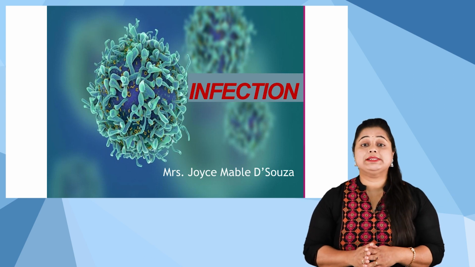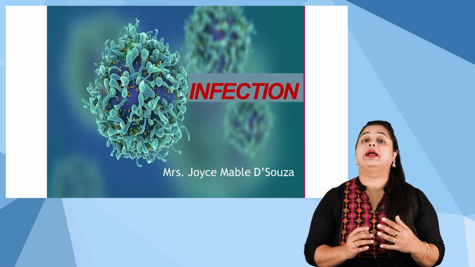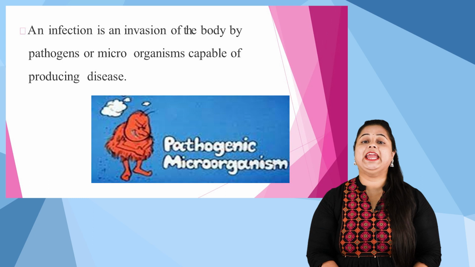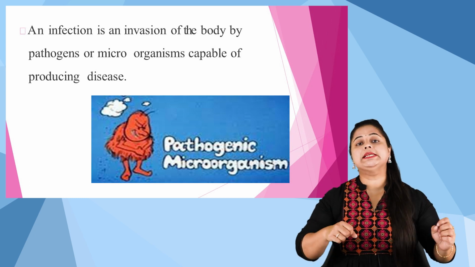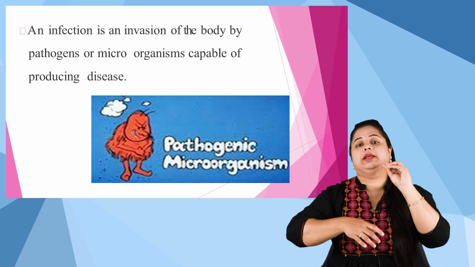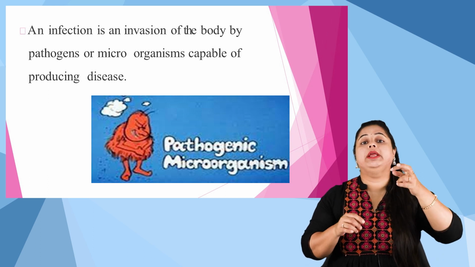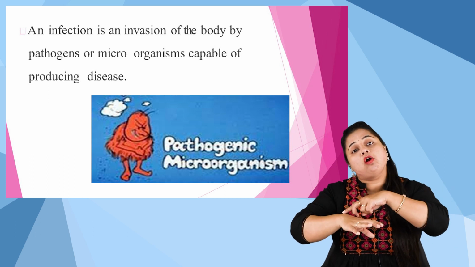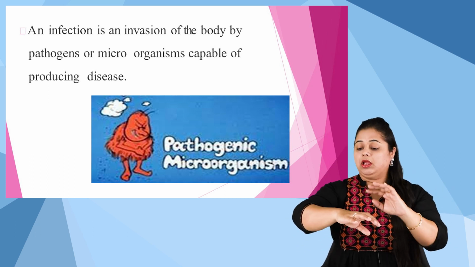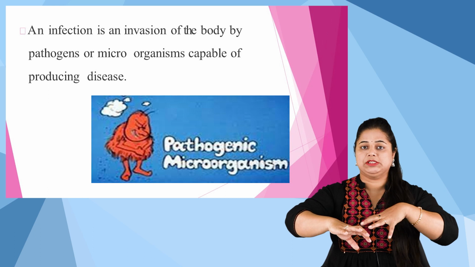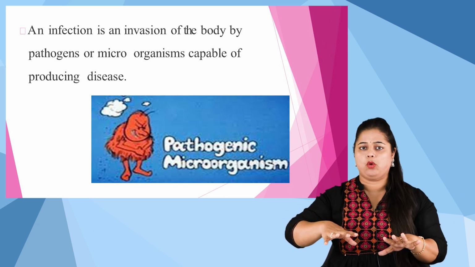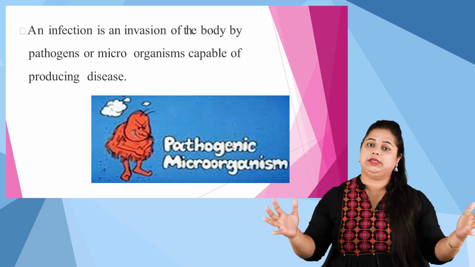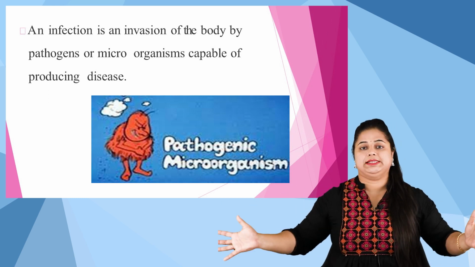But we'll see what infection is and how it is transmitted from person to person. As a definition, I can say infection means invasion. Invasion means intruding, or something going inside. So it is the invasion of microorganisms into a person's body, or you can call it a host, and they are capable of reproducing their own diseases.